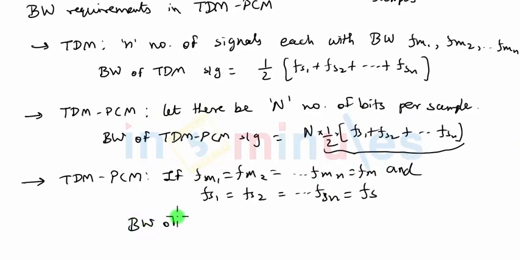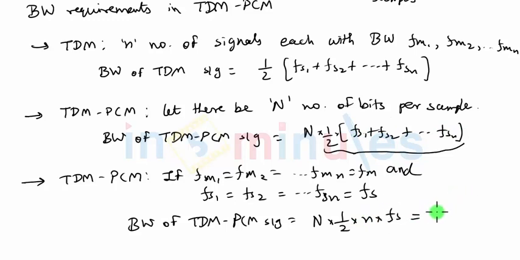In that case, bandwidth of TDM PCM signal will be equal to capital N into, you can see I'll keep this half as it is, fs1, fs2, everything is equal to fs. So we have fs repeating small n times. If you add the same value n times, it will be n into fs. So this whole thing can be written as capital N into small n fs by 2. So small n fs by 2 will be nothing but the bandwidth of TDM signal, and you are multiplying by capital N because of the PCM part of the system.